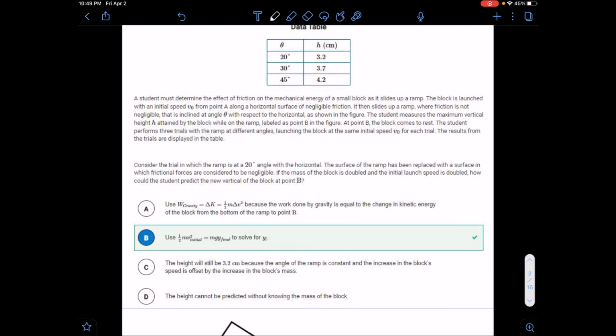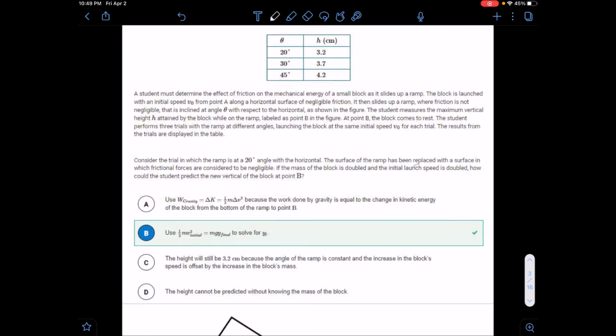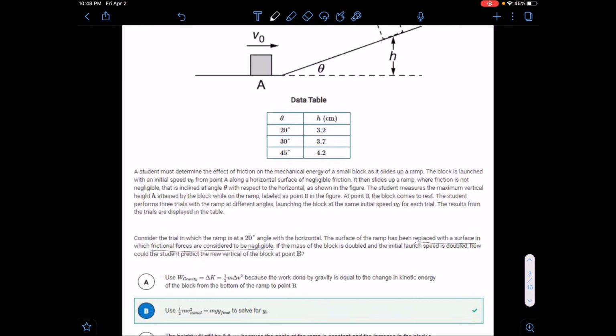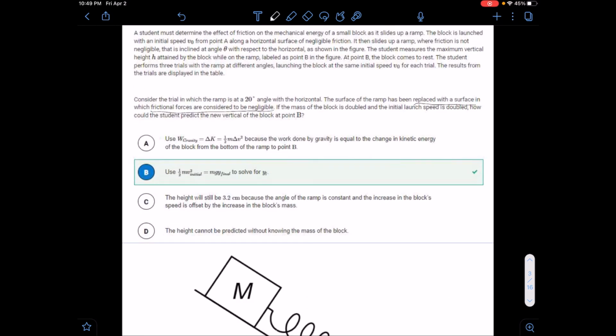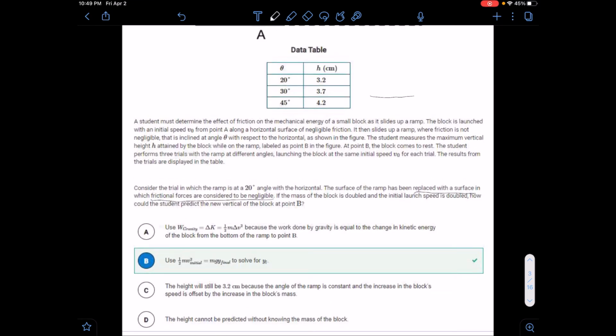The first thing to note is that we replaced the surface. So this is a whole new question in itself, where friction is completely negligible. If I were to draw the diagram, we'd have some point here, some point here, and that would be a 20-degree angle with no friction.